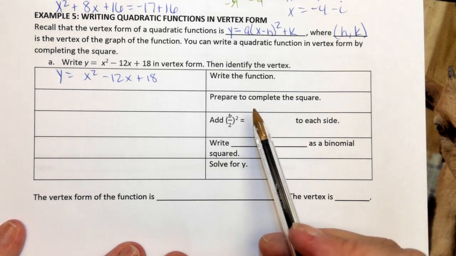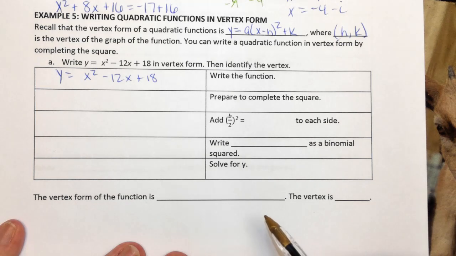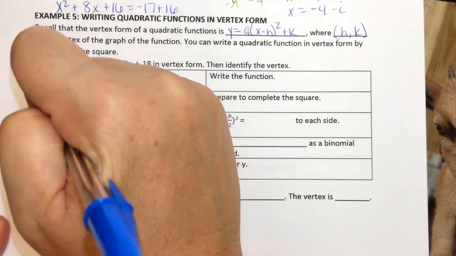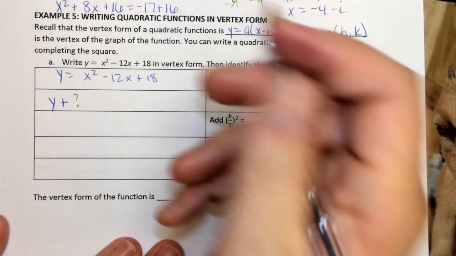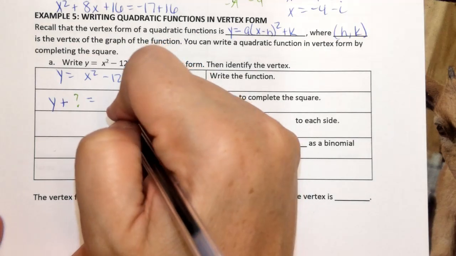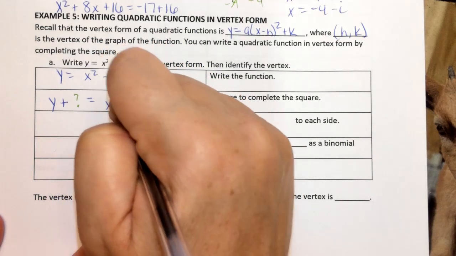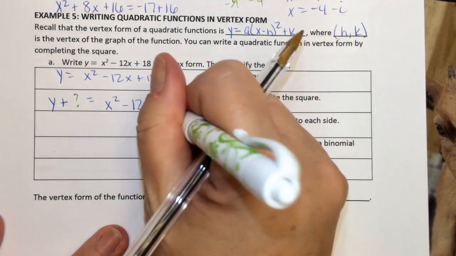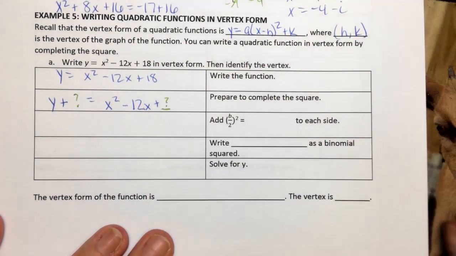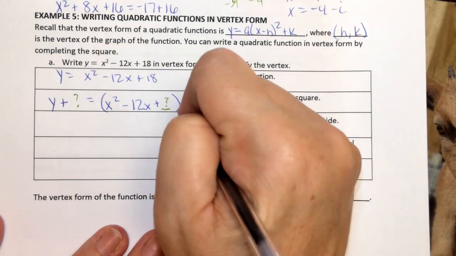All right, now this part is slightly different, but the same idea. So we're going to say y plus some number is equal to x squared minus 12x plus some number, and then plus 18.